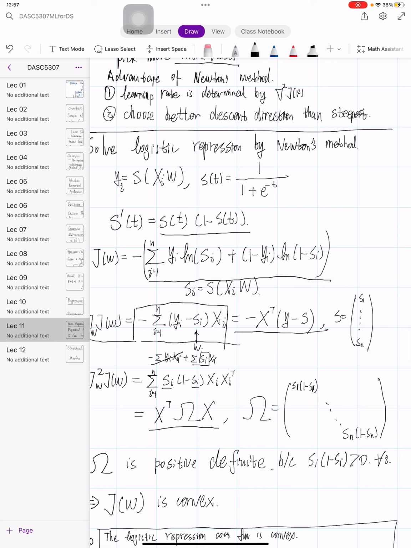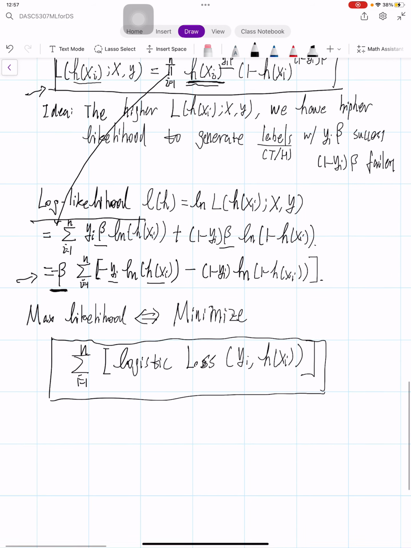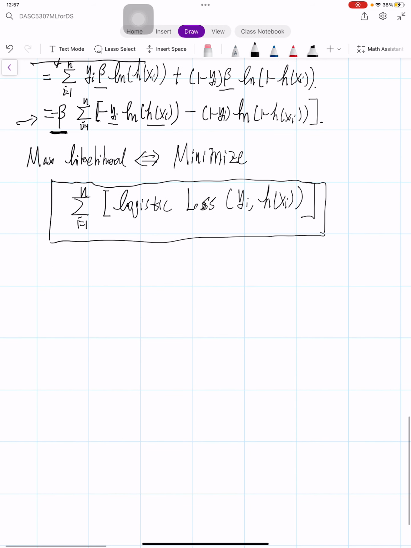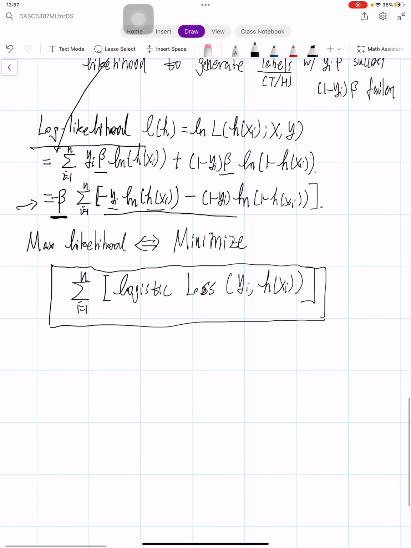The reason I'm talking about this is to give you an idea why we minimize this loss. Actually, we are maximizing the likelihood function. Okay, so this is the justification for the logistic regression loss function. So this weird loss function comes from here.